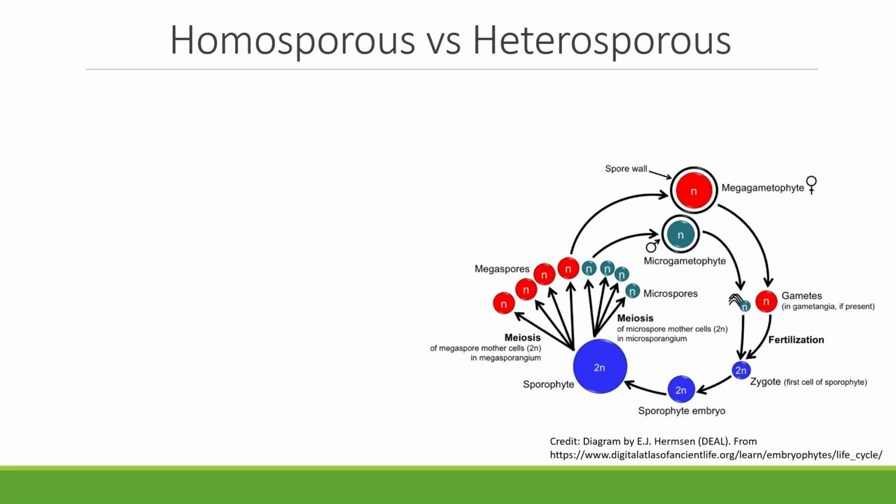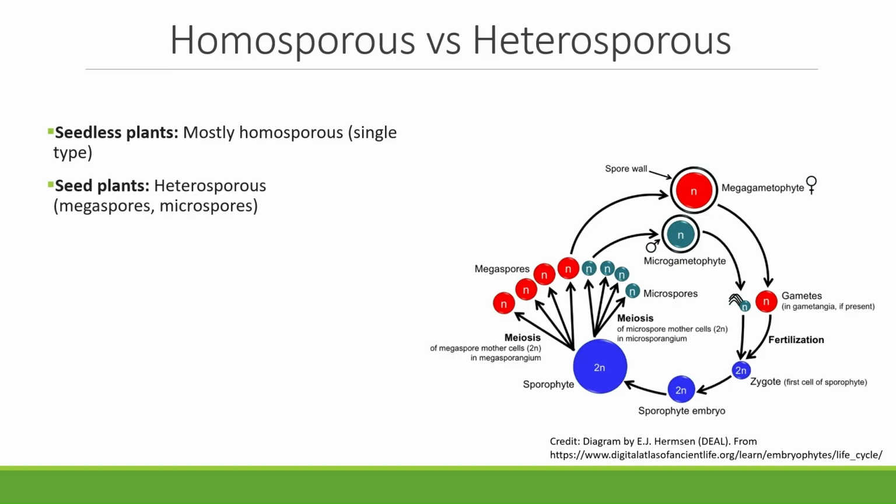All right. Another important difference in the transition to seeds is spore production itself, and that leads to a defining feature of male and female, which is the difference in gamete sizes produced. Most, but not all, seedless plants are homosporous. This means that the spores generated from the sporophyte are of a single size. That one spore type develops into a gametophyte that produces eggs and sperm.